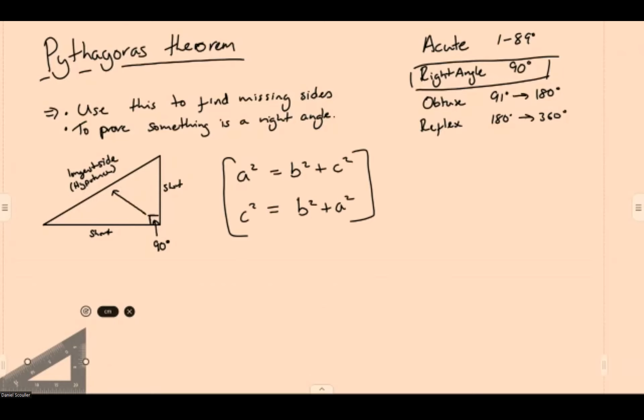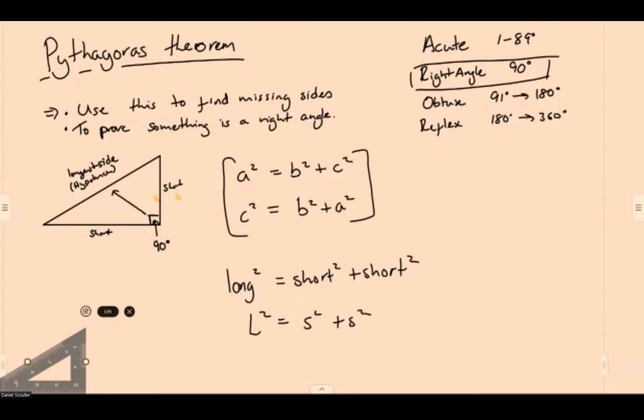What I'm going to refer to, which always will be the case, is long side squared equals short squared plus short squared. As long as you identify what the long one is, the long side squared equals the two short sides squared added together, no matter the order of them.